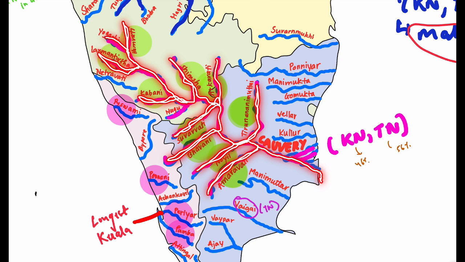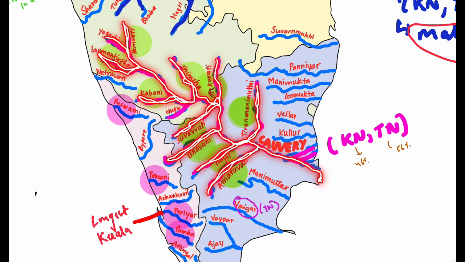Just remember that Kaveri originates from Brahmagiri Hills in Karnataka. Hemvati, Shimsha, Arkavati. So these are left bank tributaries of Kaveri, and Kabani, Bhavani, Amravati are right bank tributaries. Just remember that.